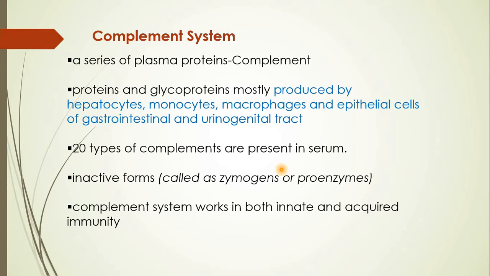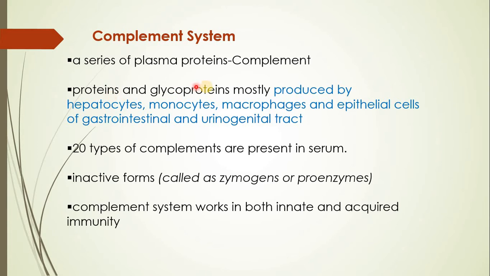The complement system, as I said, is present in plasma. You can say that they are a series of plasma proteins. So this series of plasma proteins is commonly defined as the complement system. These proteins are sometimes seen associated with carbohydrates, and so we can say that they are also glycoproteins.